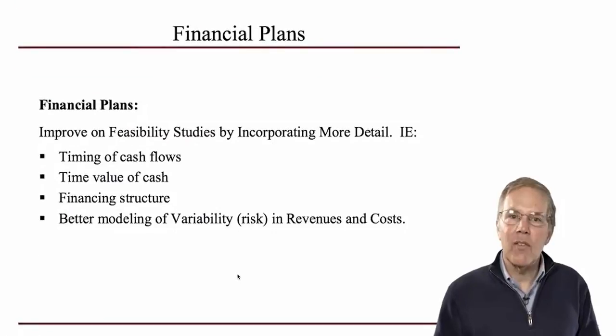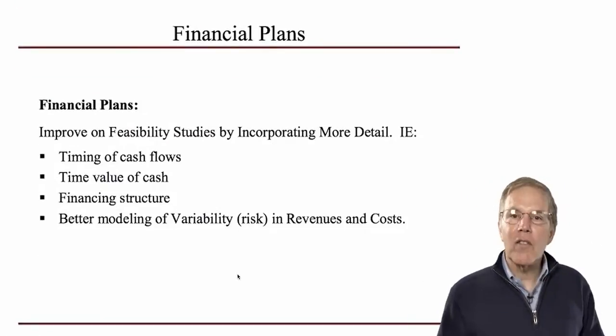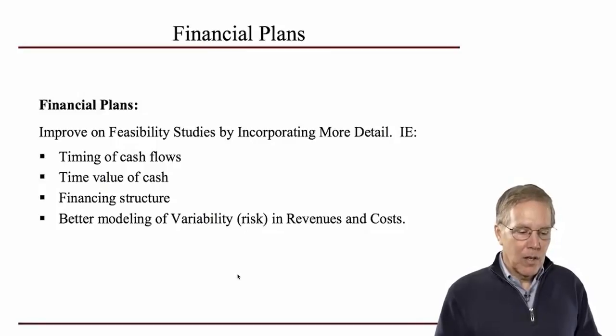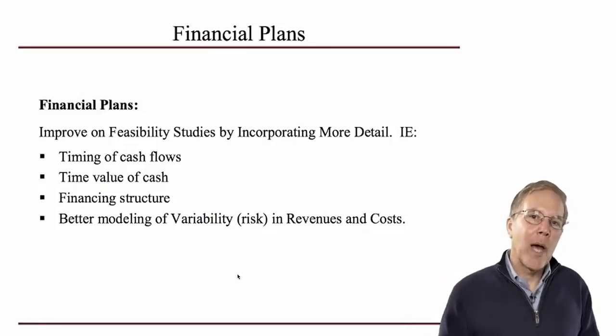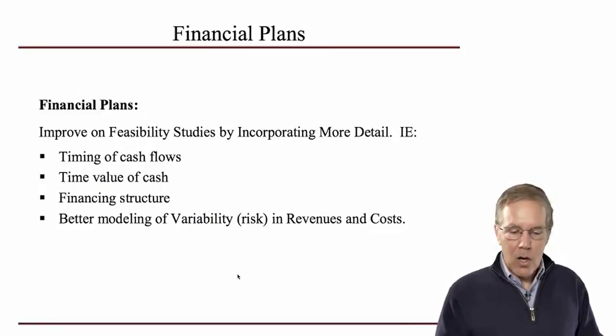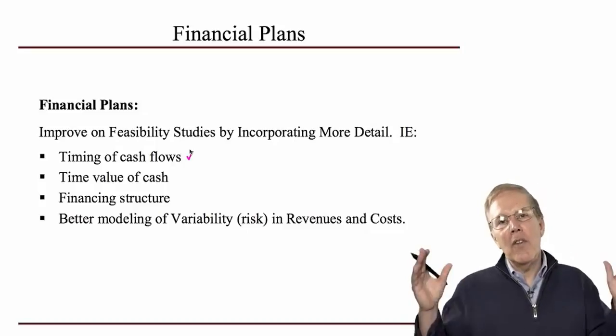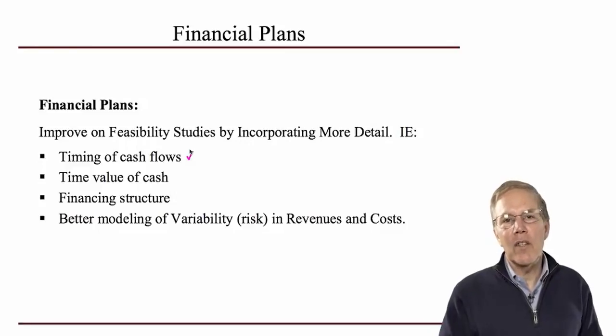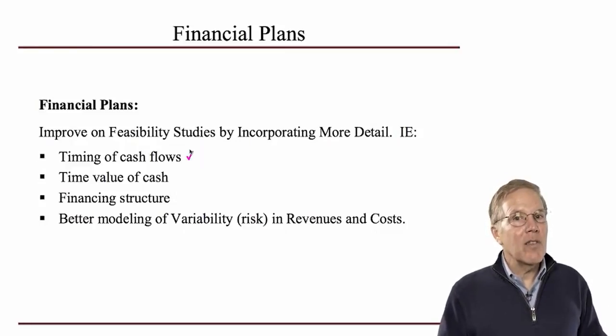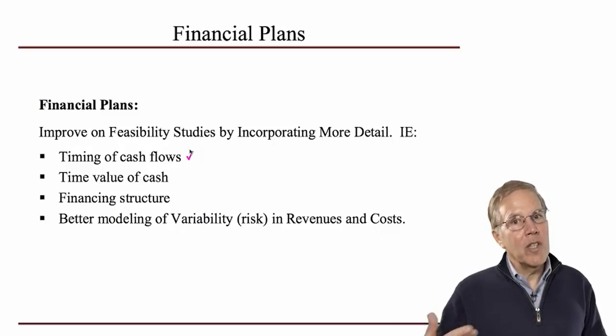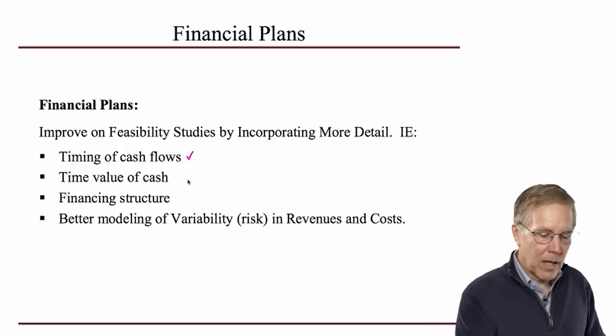Okay, so what do I mean when I say financial plan? We want to improve on our feasibility studies. These are only for projects that have passed that first feasibility study hurdle, and we're going to look at the timing of the cash flows. In the feasibility study, we just lumped all the costs together. We didn't say when they happened. As you know from mathematics of money, cash is an exponential function of time, so we really need to consider it in time.